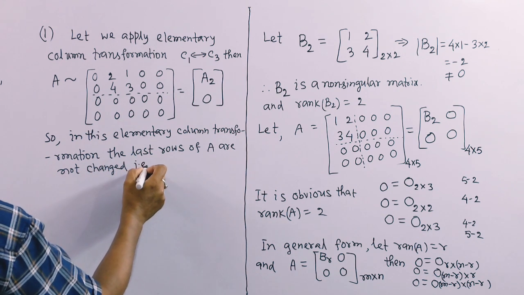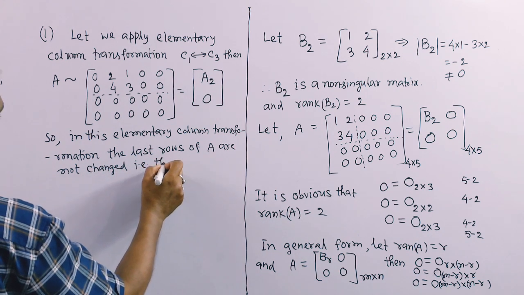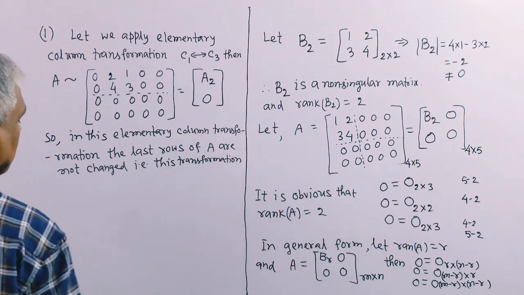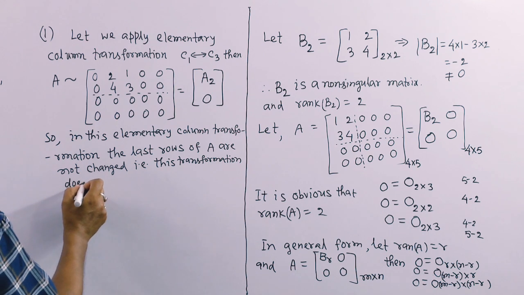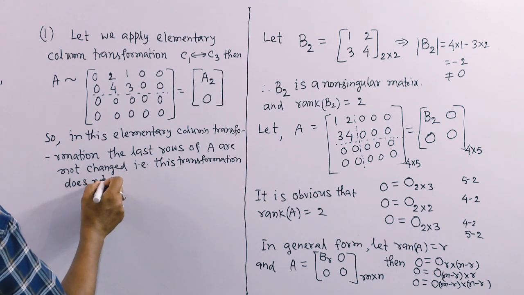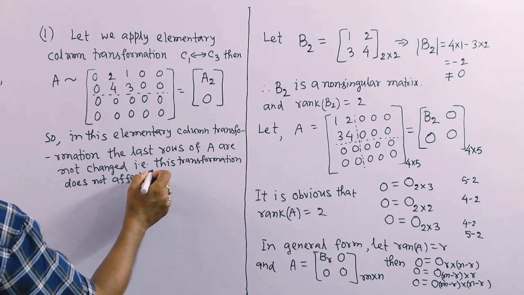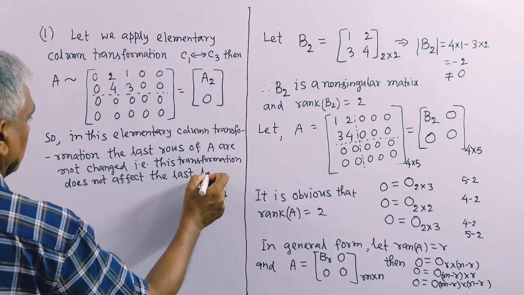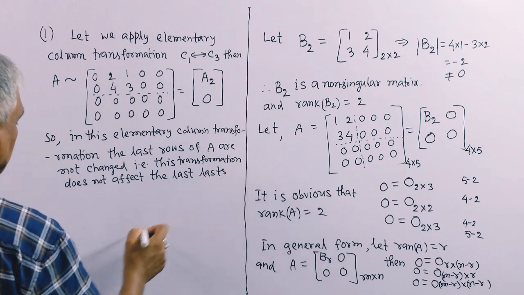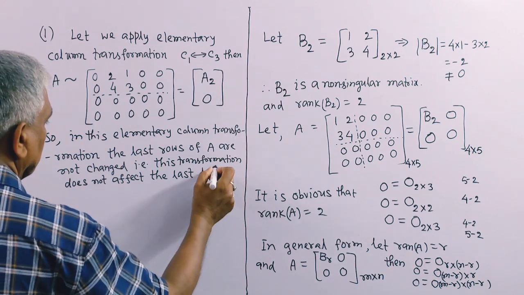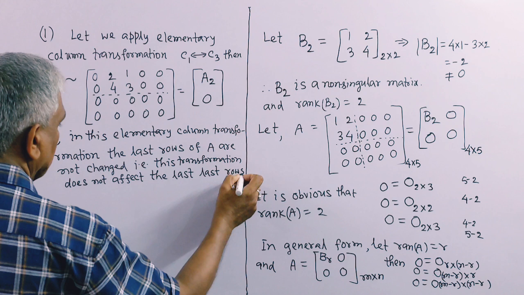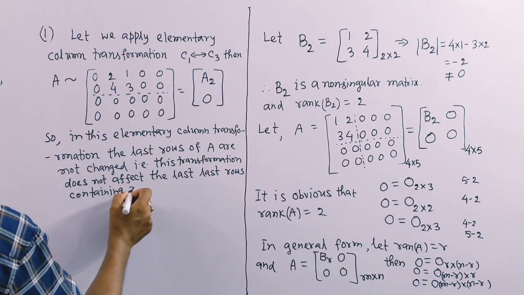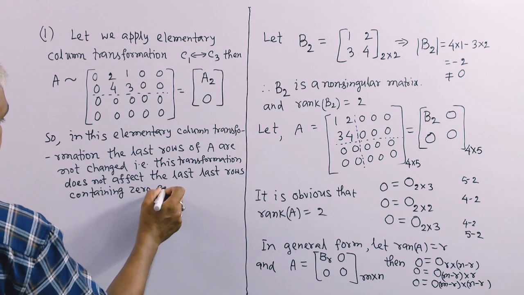That is, this transformation does not affect the last rows containing zero elements.